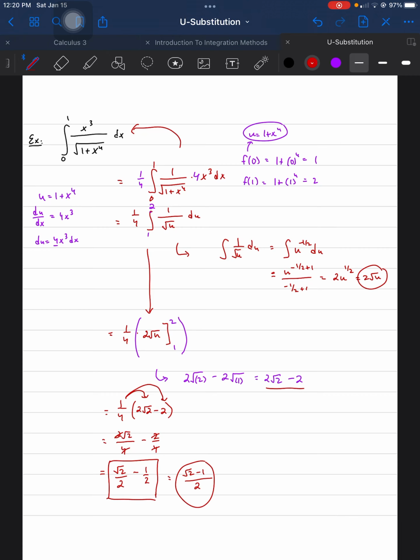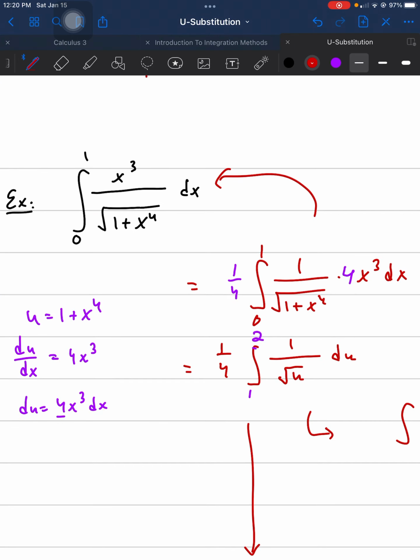So what this represents is basically the area of this function evaluated from 0 to 1. So that's what this area represents. So even if we do U-substitution, we're going to get the same answer.